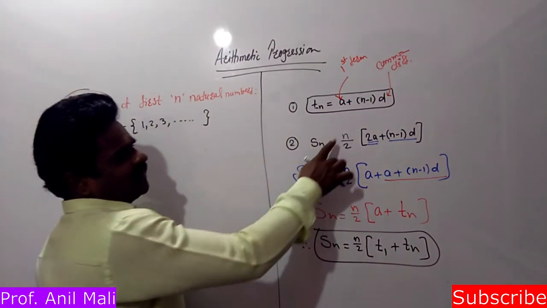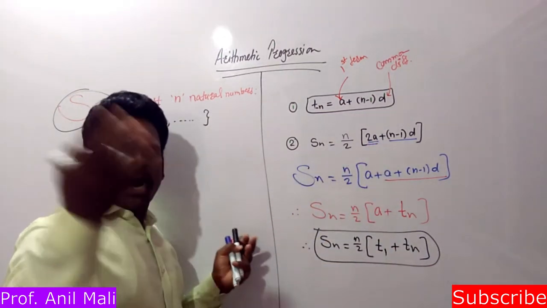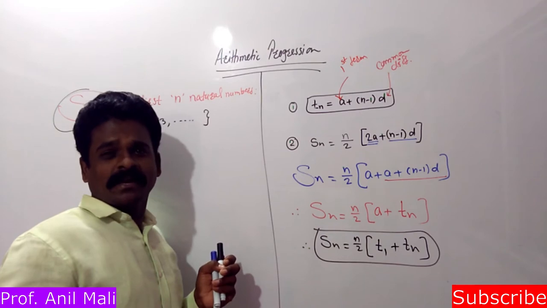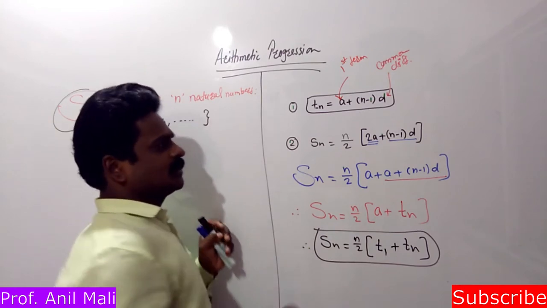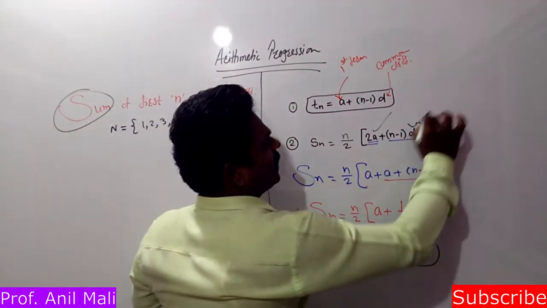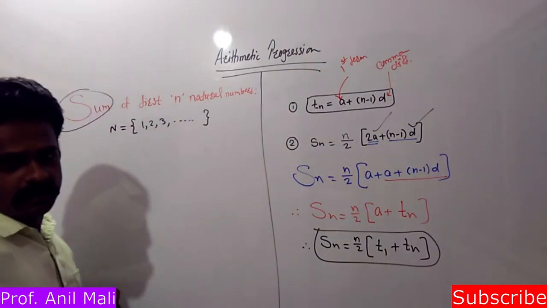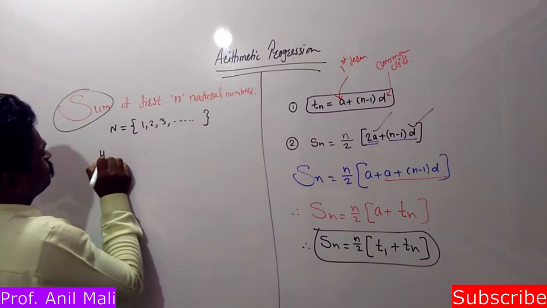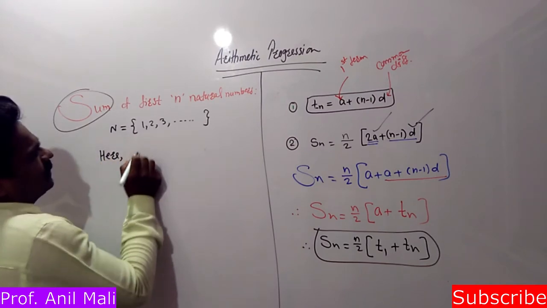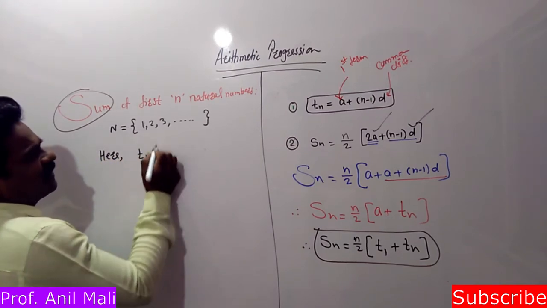Now here n is the unknown quantity. We don't know how many terms are there in that given arithmetic progression. But this a and d you can find with the help of the given information. Now here first term T1 is equal to 1.